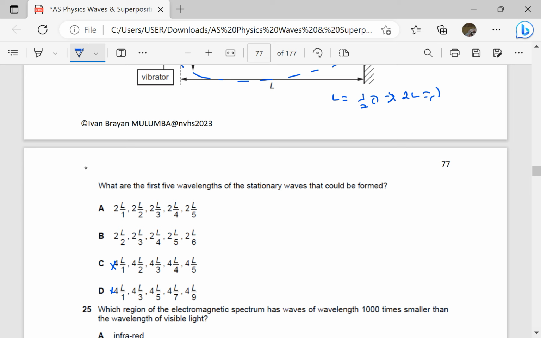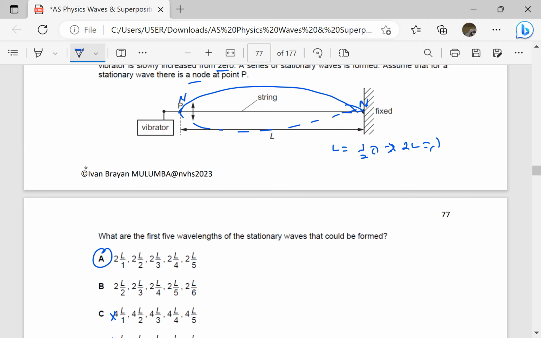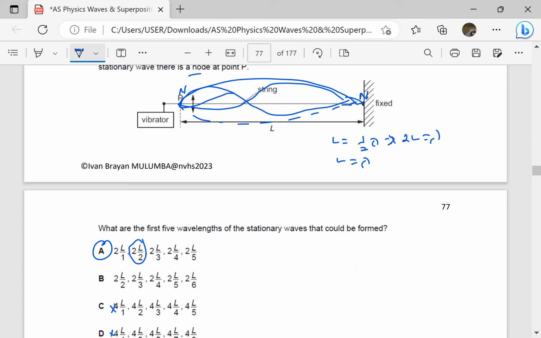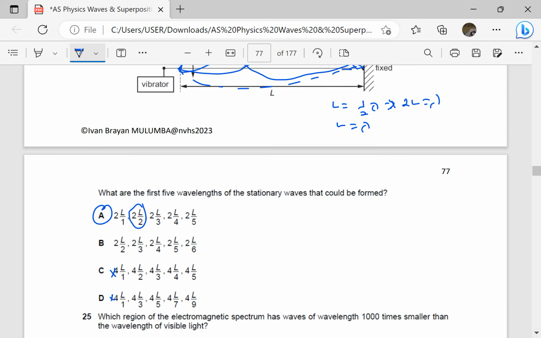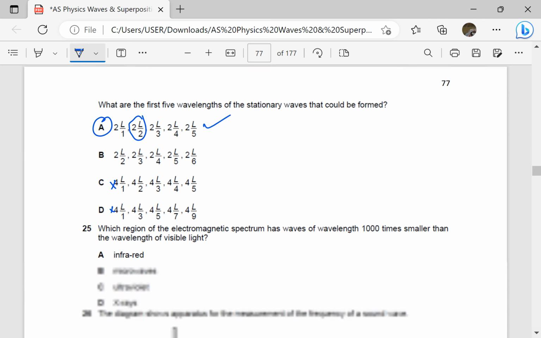So this is 2L over 2, 2L over 3. So the first wavelength is 2L over 1. We can check the second one. The second one, we shall have something like this, which is L. So that means for the second one, L is equal to lambda. 2L over 2 is still L. The third one, we just go on increasing. So the answer is going to be A.